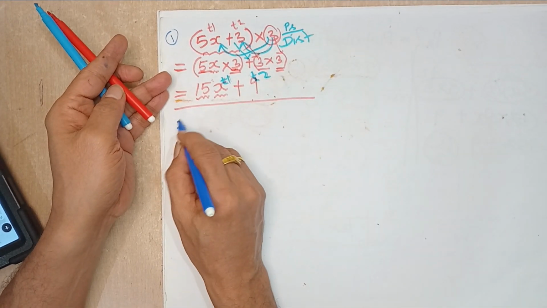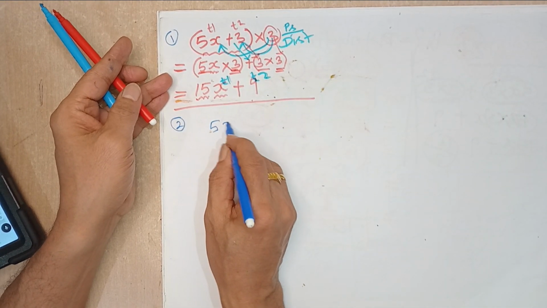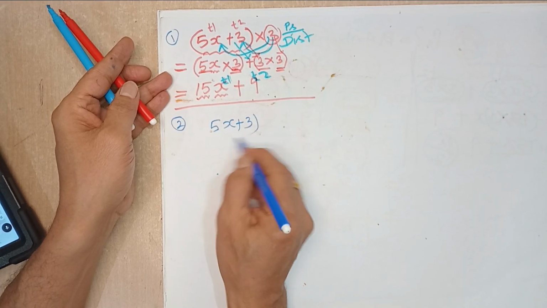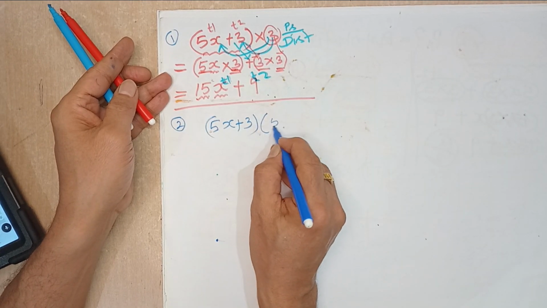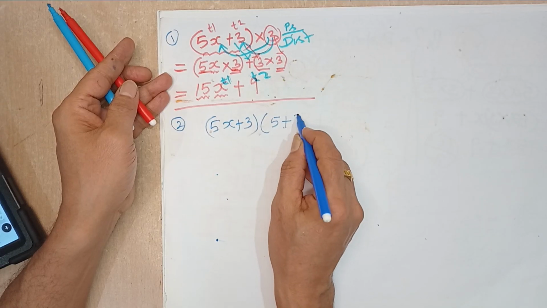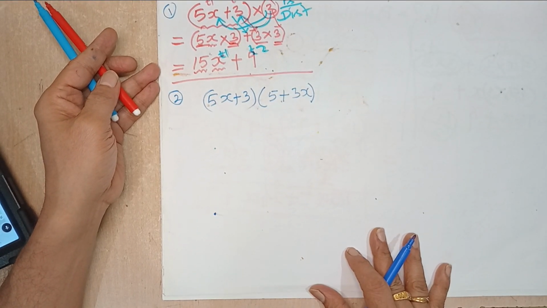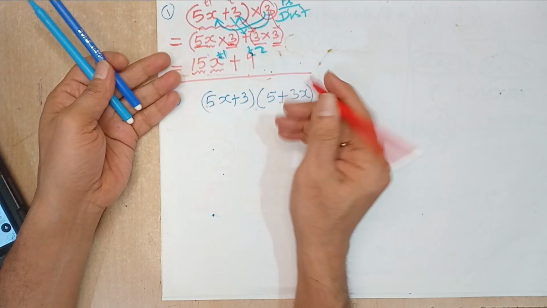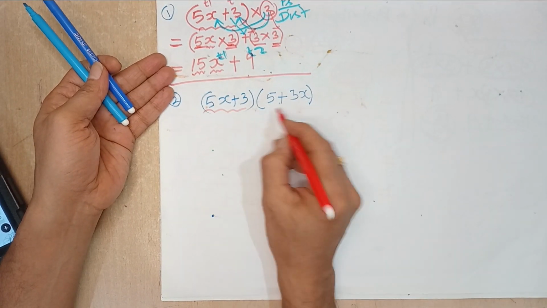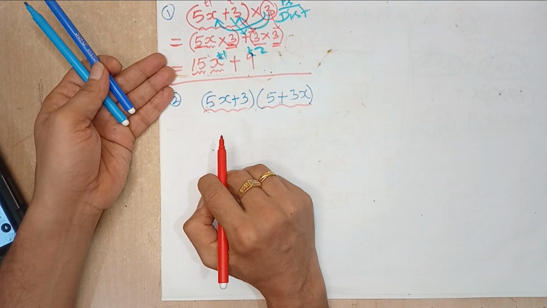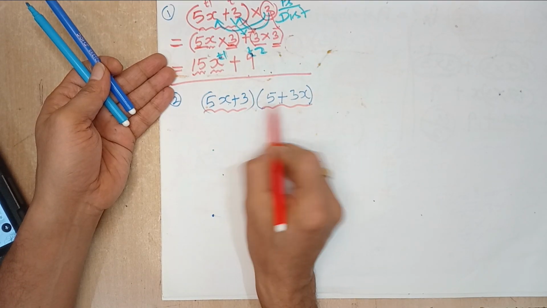To get this idea more clear, we are having some more problems. So let's say problem number 2 is (5x plus 3) and I am multiplying it with (5 plus 3x). Now in this case, there are two parts of the product.